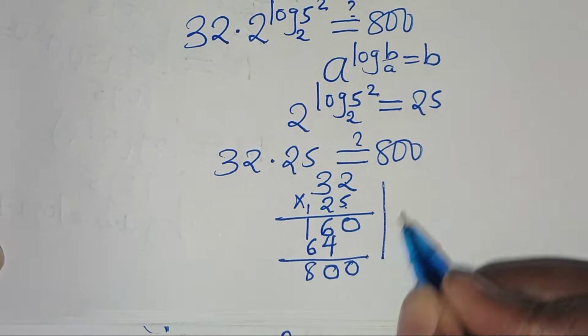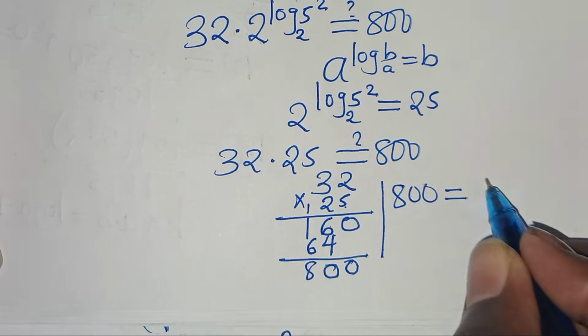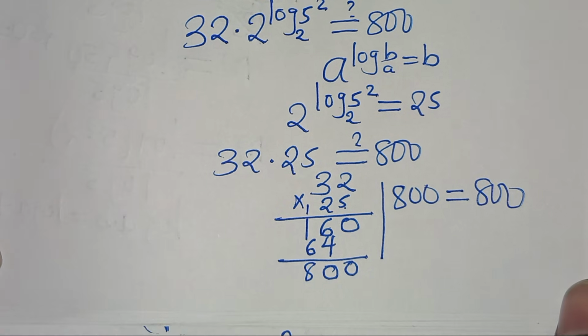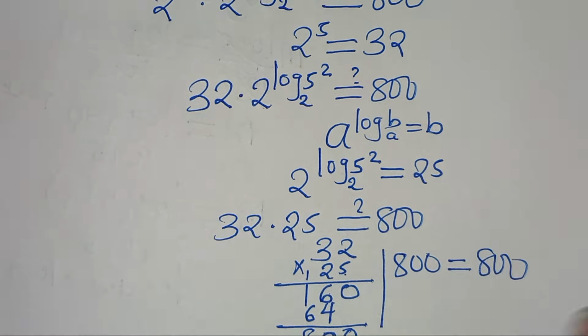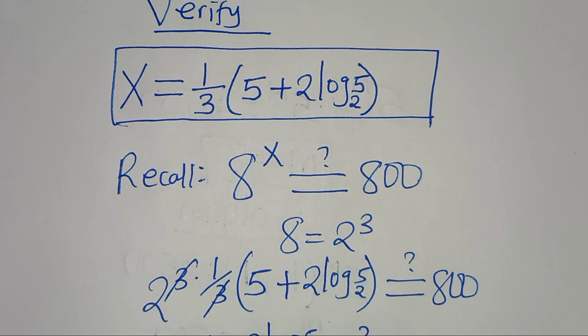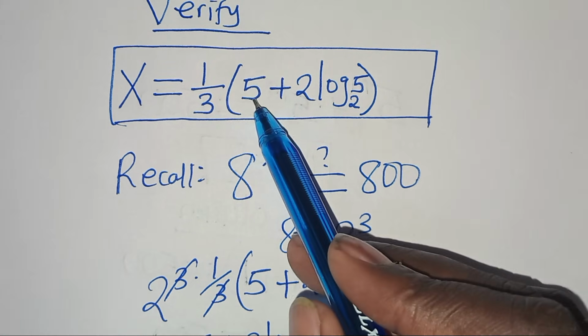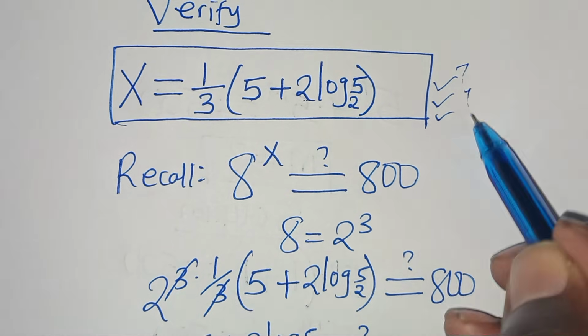On the left hand side, we have 800, and this is equal to 800. So the left hand side is equal to the right hand side. This implies that the value of x, which is 1 over 3 in the parentheses, 5 plus 2 log 5 to base 2, satisfies the equation.